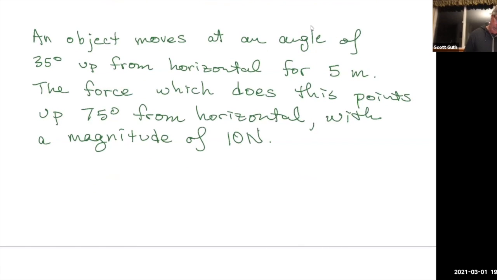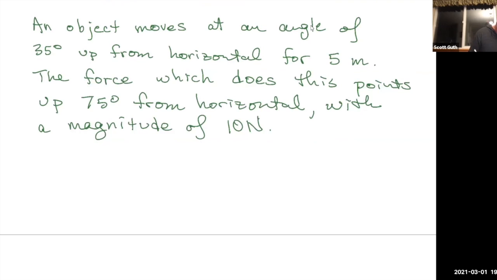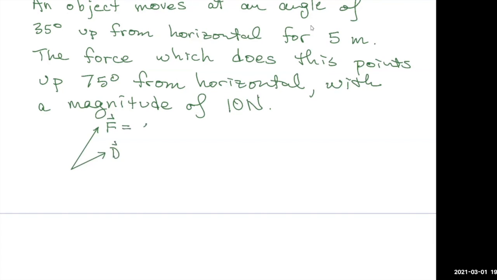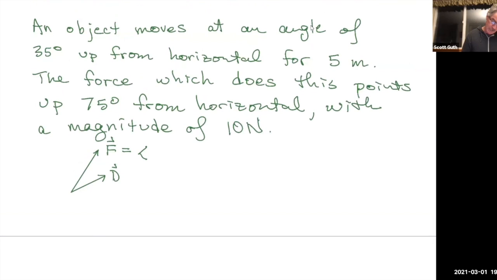Okay, so unfortunately, there's not a lot of help here. So we can draw this. We've got a force going this way and a displacement sort of going this way. And I'm not even trying to be accurate here. Okay, but the force is going to be, let's see, 10 newtons. So it'll be 10 cos 75 and 10 sine 75.